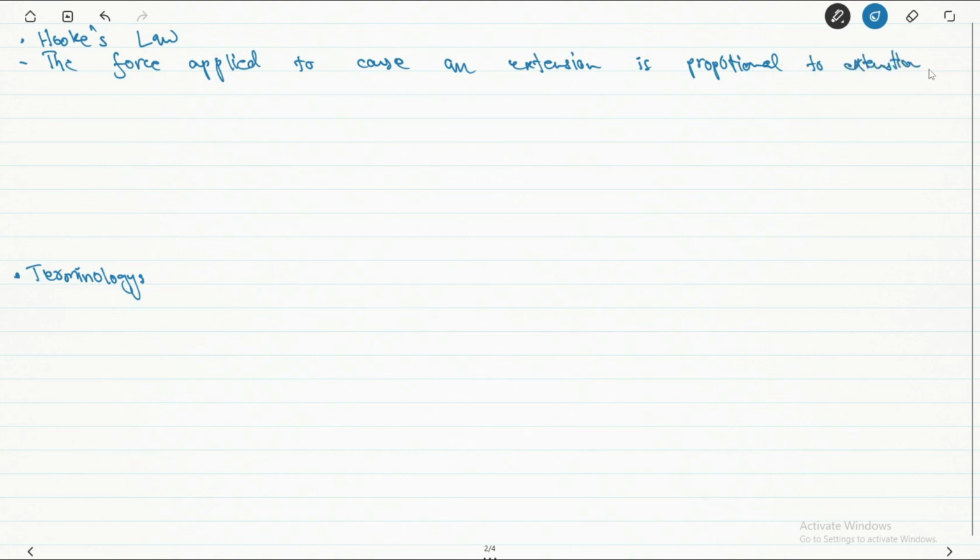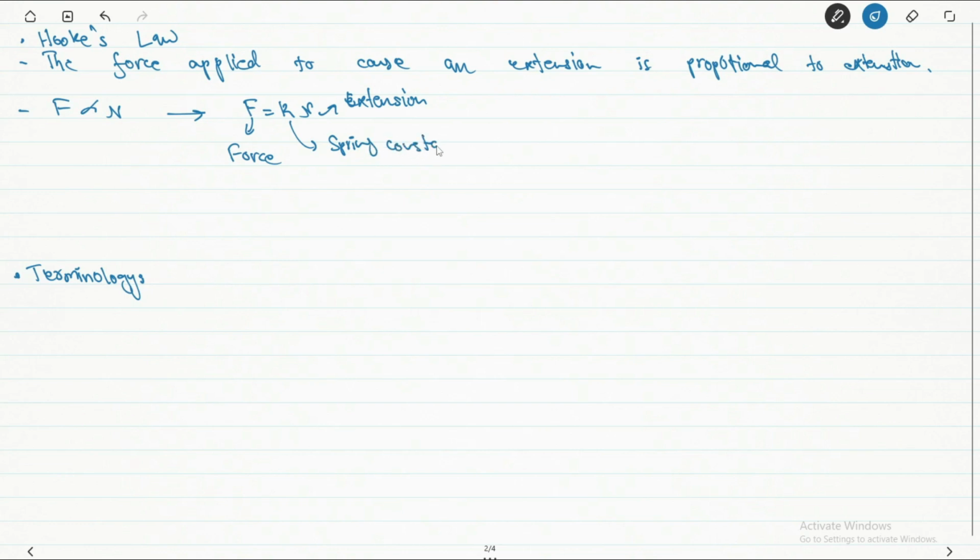Now, what that means is the force applied is proportional to x, and this results in the formula F is equal to kx, where F is the force, x is the extension, and the k is the spring constant depending on the spring, right?